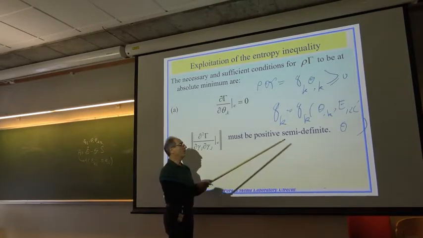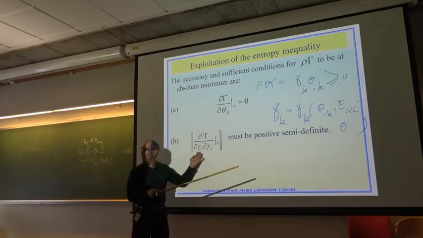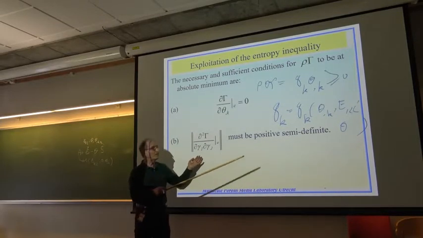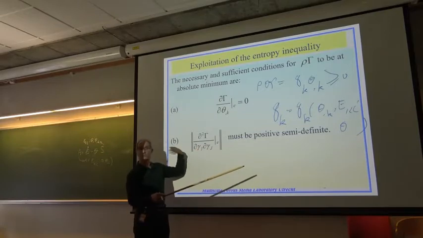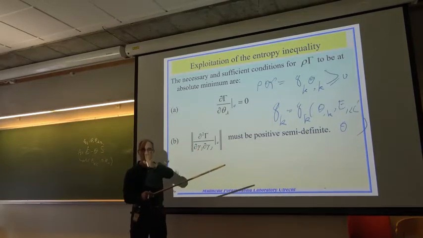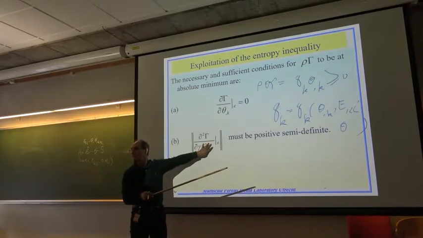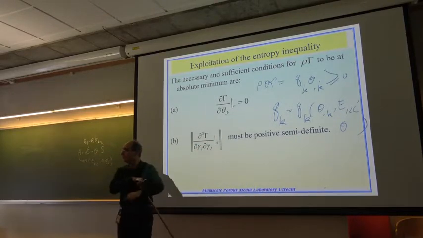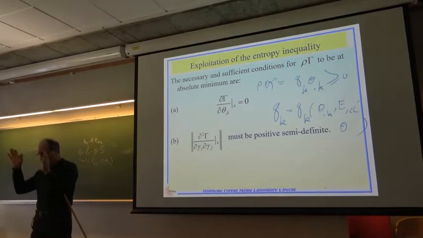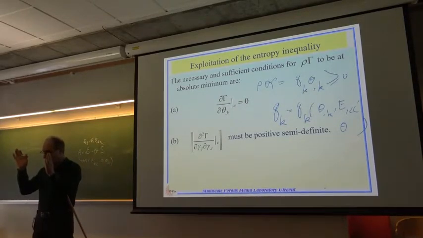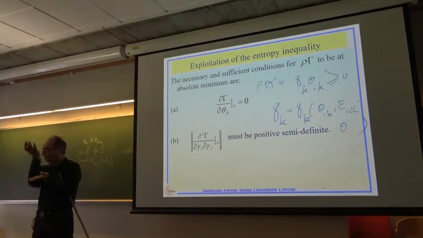Truesdell is usually... But what I want is for this to be positive. And I thought semi-definite comes for tensorial quantities actually, but I'm not sure. But this must be positive. It's not zero. Well, I disagree with that. That doesn't follow from your equation. No, look, for a function to be at an absolute minimum, it should be curving upwards, and that means the second derivative must be positive. x to the power 4 curves upwards.